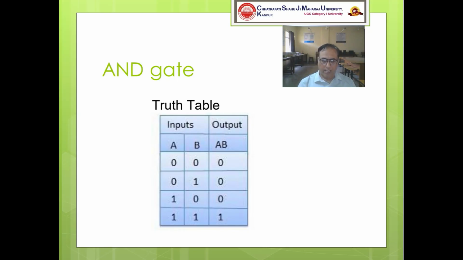Similarly, if A is 0 and B is 1, as per the AND logic it should be dotted, so 0 dot 1 will be 0. Similarly, if A is 1 and B is 0, 1 dot 0 will again be 0. It will be 1 only when both the inputs are 1 or high. If A and B both are 1, then you will get logic 1.